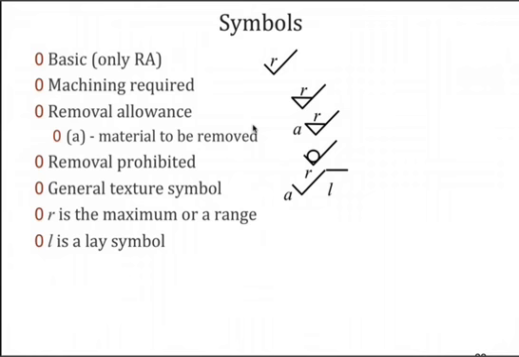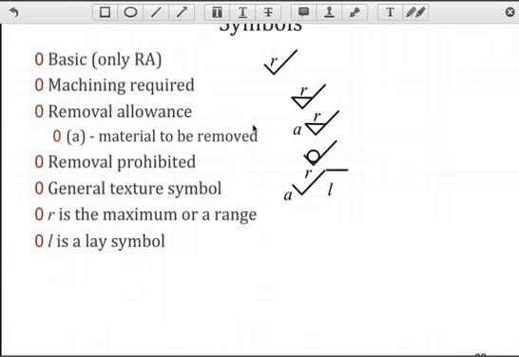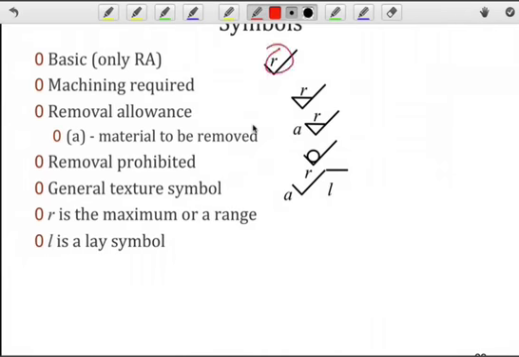Again, the very basic form of that is just this check with the value in there telling you this is the maximum RA that you can have. And then you might see a closed triangle here indicating that you have to machine the surface in order to achieve that level. We can also specify how much material should be removed.